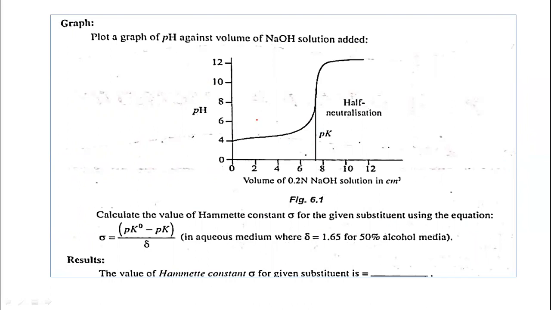And at half neutralization, suppose this point is around 7.2 volume. Then take half of this, suppose it is Vx, the end point of the titration.